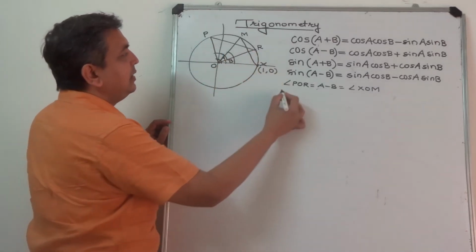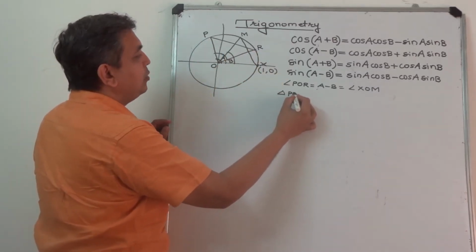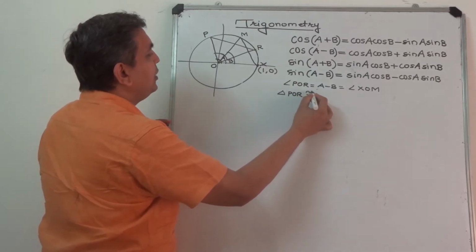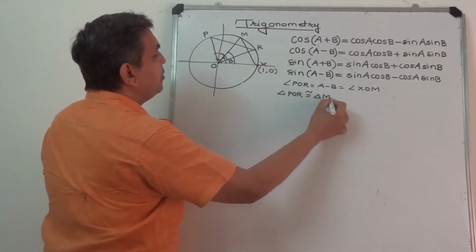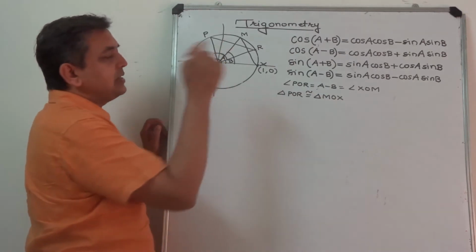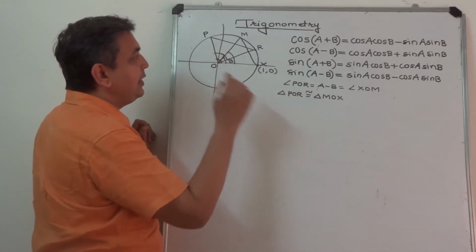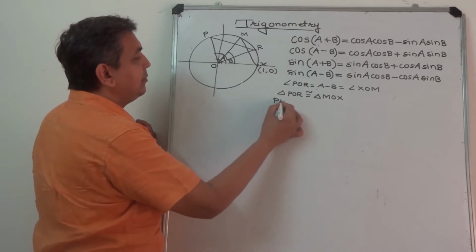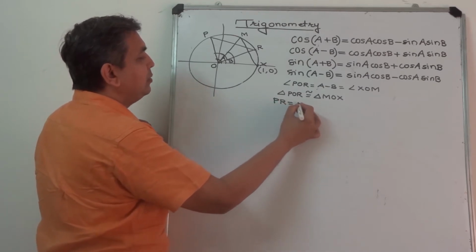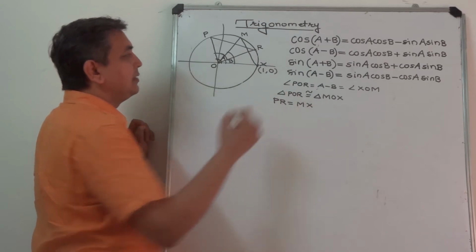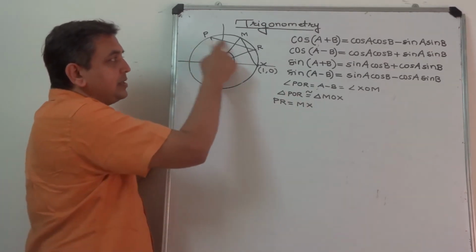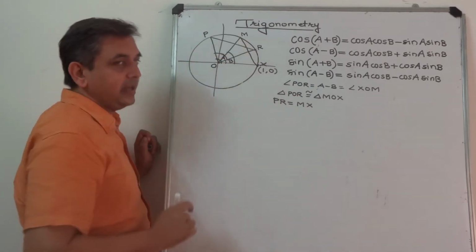We can see triangle POR will be congruent to triangle MOX by the SAS test. Now if two triangles are congruent, we get the result PR equal to MX. Is this clear? Distance PR equal to distance MX.